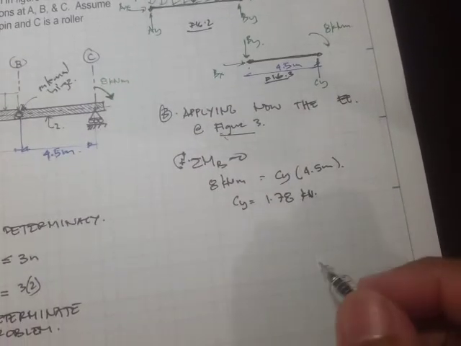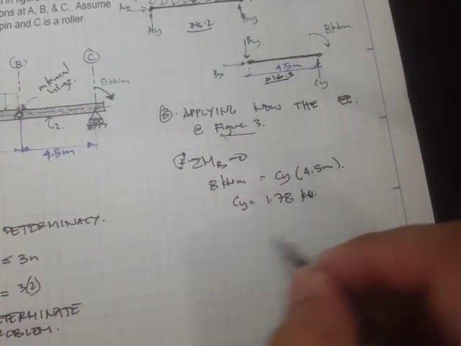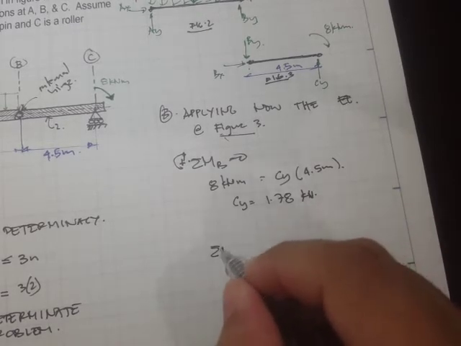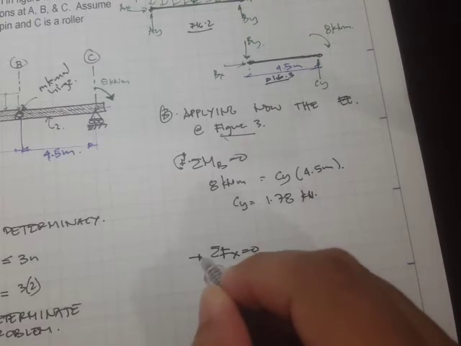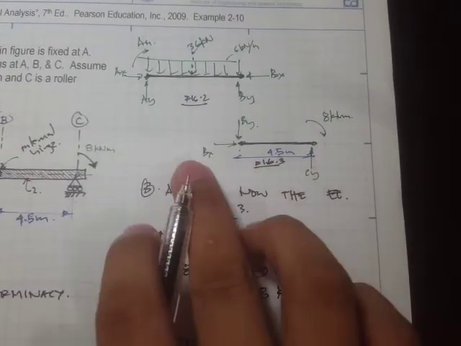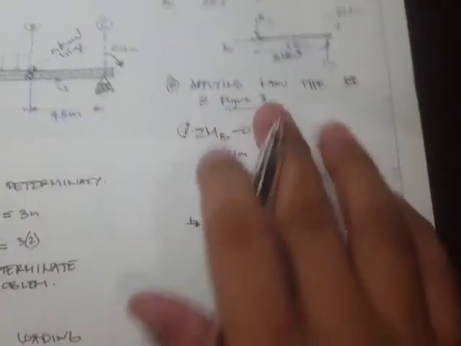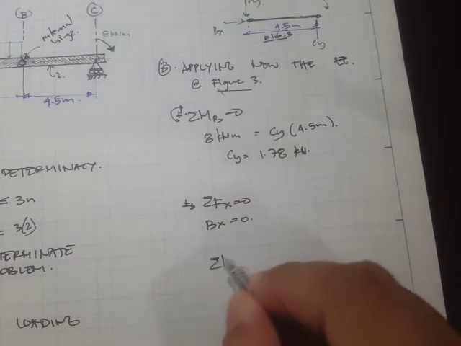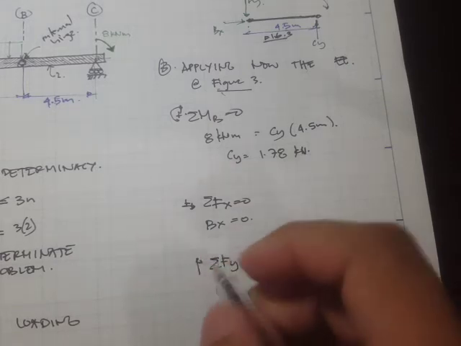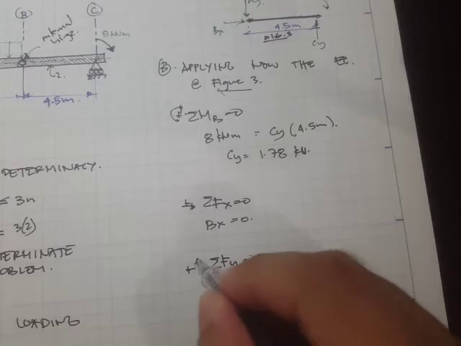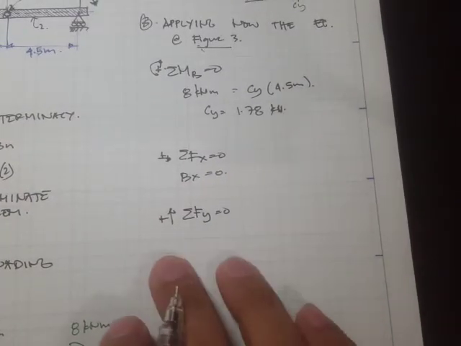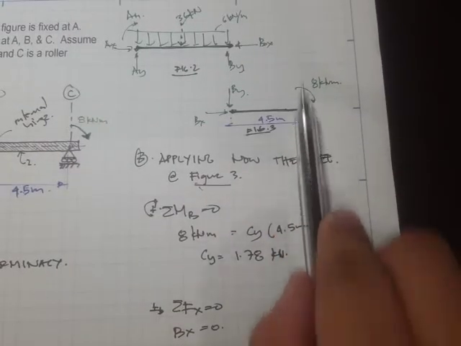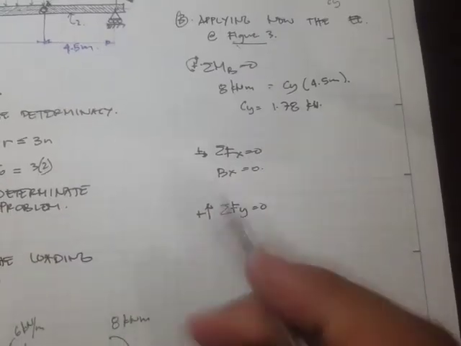Okay, so the next is we take the summation of forces. Let's say summation of forces along x equal to 0. So the force along x is only Bx, so that means that Bx is equal to 0. And if we take the summation of forces along y, and let's say we take upward direction as positive, then the y direction is just Cy and By.